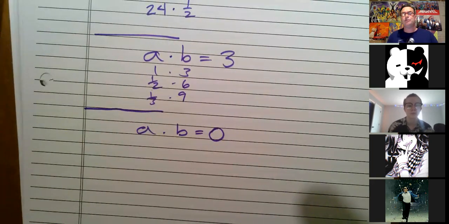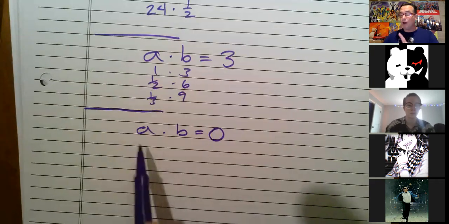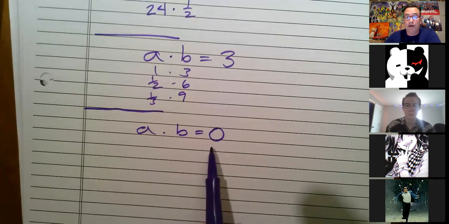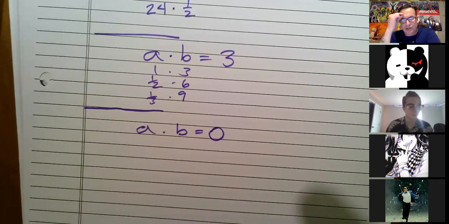If I have 0 as a product, it is the only product that indicates what one of these two things has to be. Because even if I had the number 1, I've got an infinite number of pairs that would absolutely work to get me to 1. I could do 1/2 times 2. I could do 1/3 times 3. All of that's going to work.